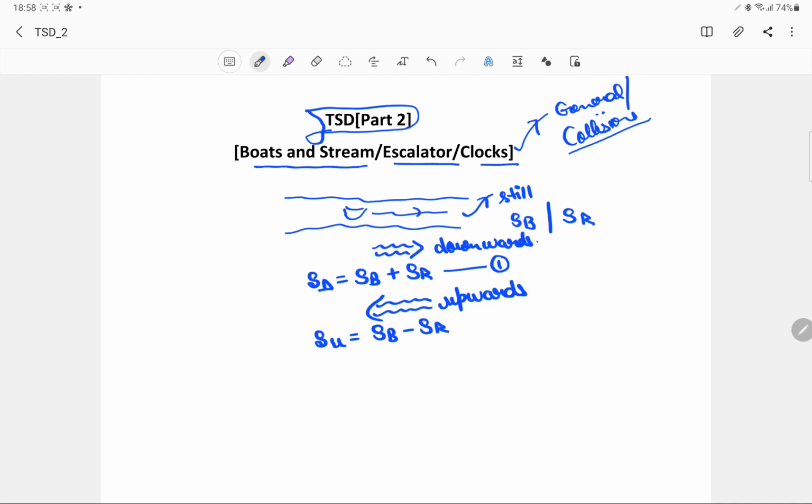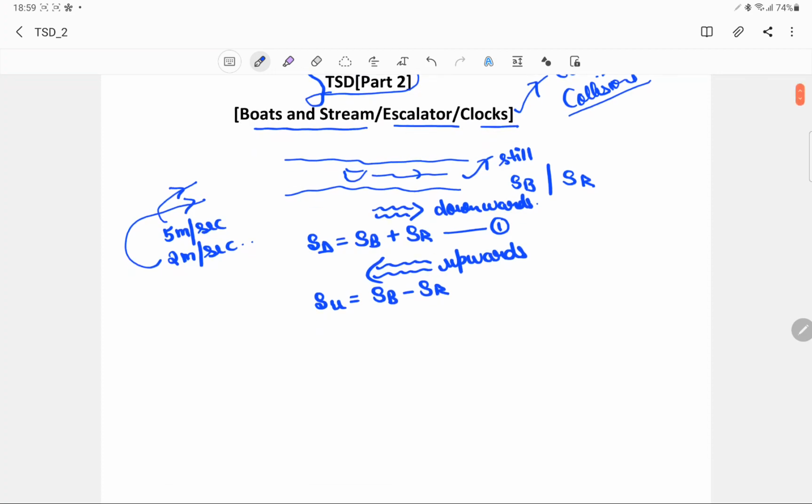This is obvious, because if the speed of the boat is 5 meter per second and the speed of the current is 2 meter per second, going in the direction of the river, in 1 second it covers 5 meter because of its own capability, and 2 meter because of the help of the river. In the other direction, if he moves 5 meter forward, the river takes him 2 meter backward, so the resultant would be 3 meter per second.